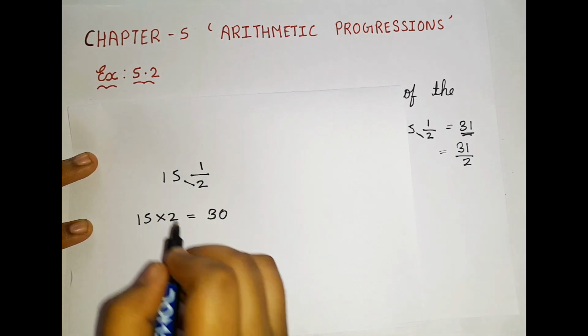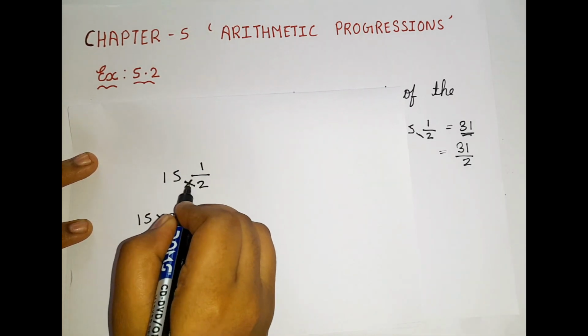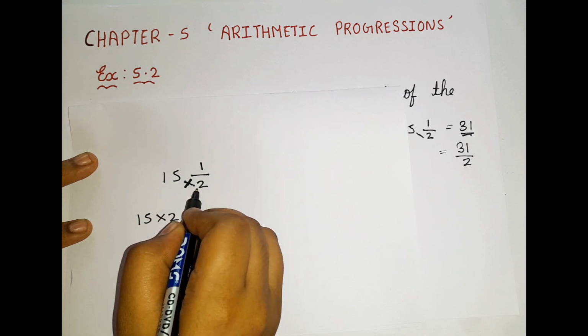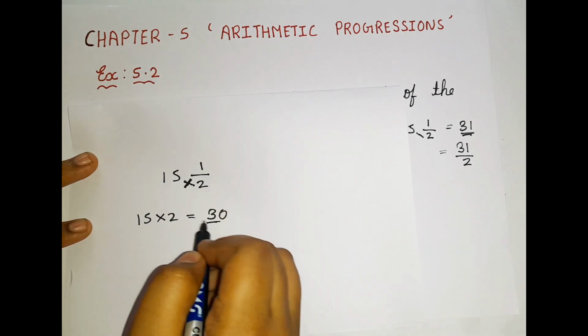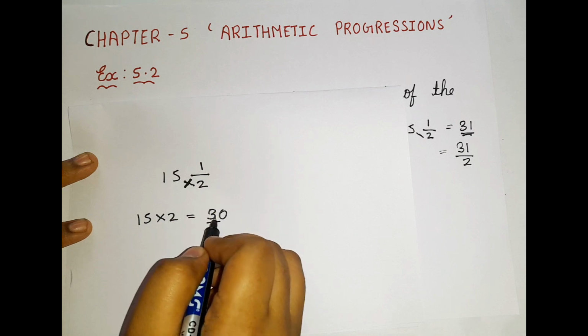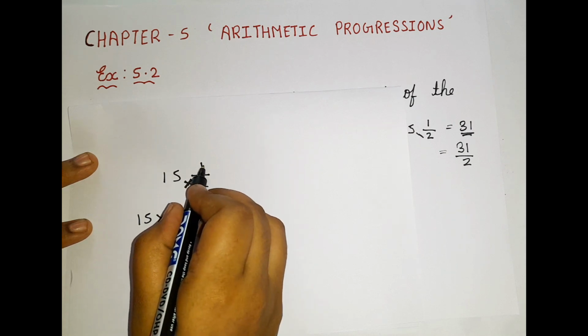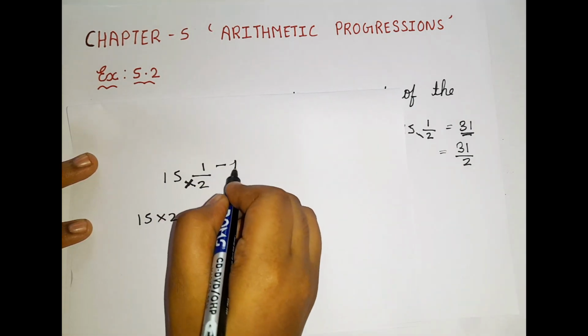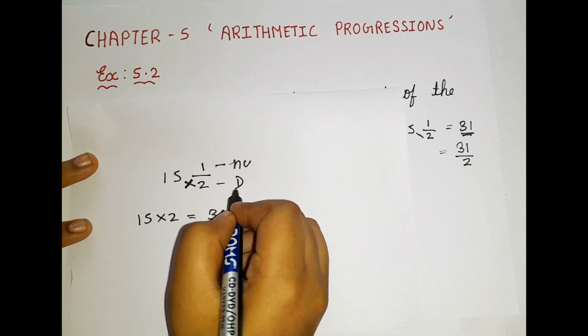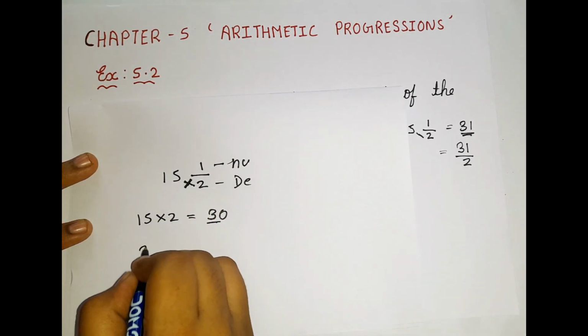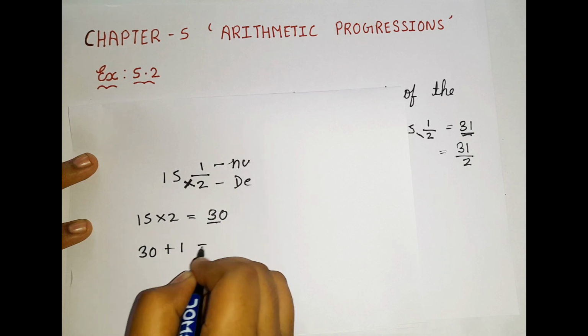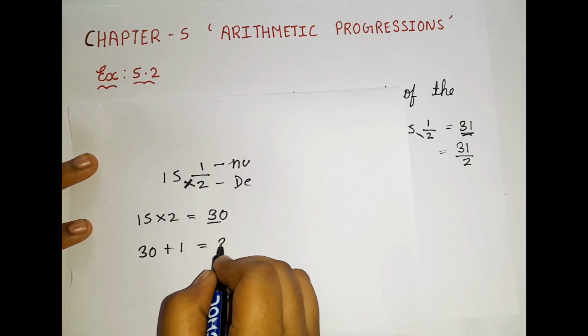After multiplying, we add the 30 with the numerator. This is the numerator and this is the denominator. So let us add 30 plus 1. So 30 plus 1 is 31.